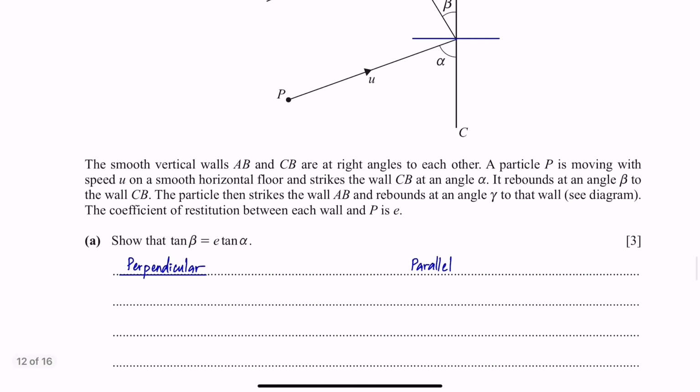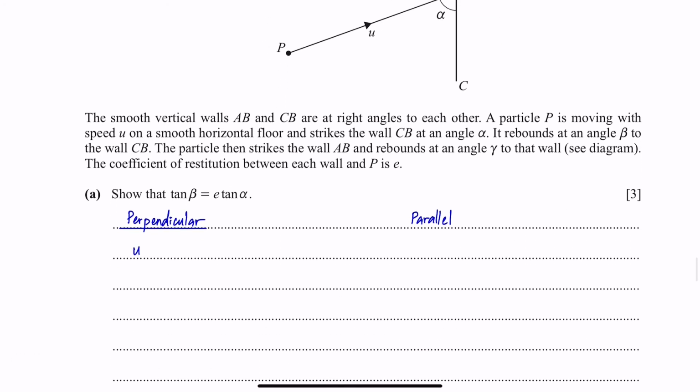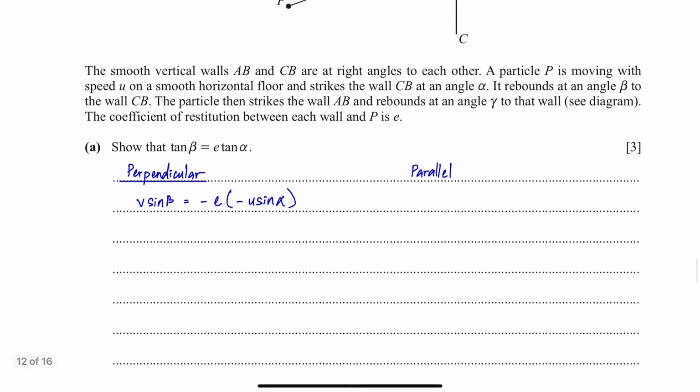So v sin beta equals negative e times negative u sin alpha. So v sin beta would be equal to eu sin alpha. So this would be our first equation.